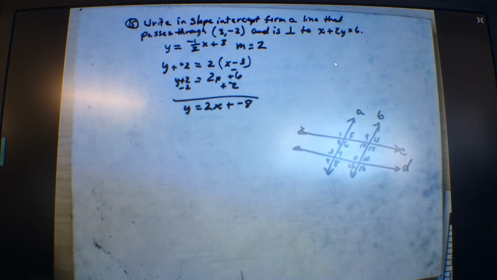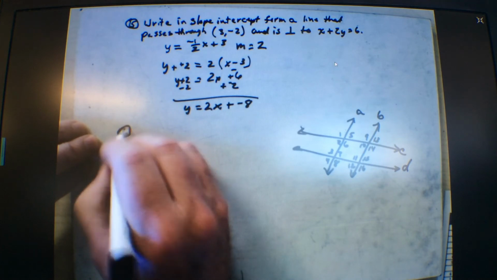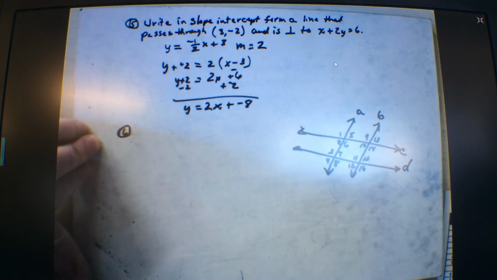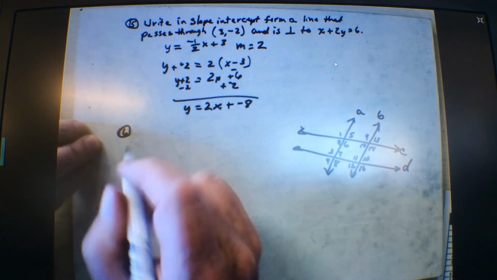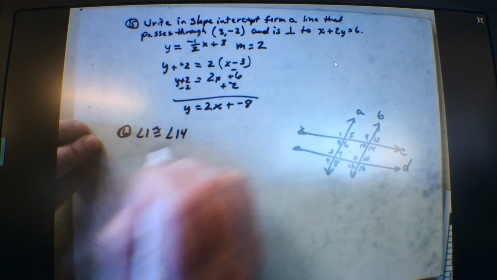I'm going to give you a pair of angles and something that's going on with them, and you're going to tell me what two lines are parallel, given the information, and then tell me what postulate or theorem supports your claim. Angle 1 is congruent to angle 14.